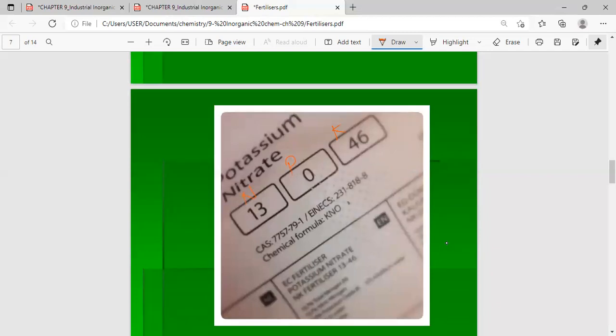There's 13% nitrogen, no phosphorus, obviously from the name itself, and 46% potassium. So what is NPK value? It's a number that tells how much of each element is present in the fertilizer. So that's about it. Don't worry, there's no maths involved here. It's just a number.